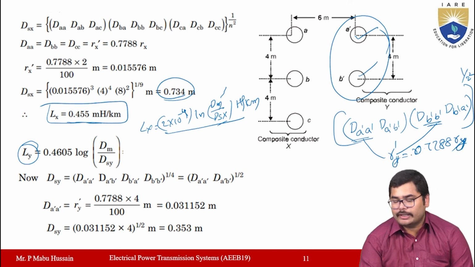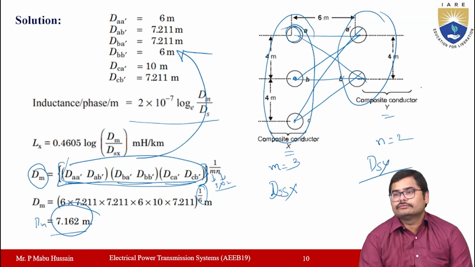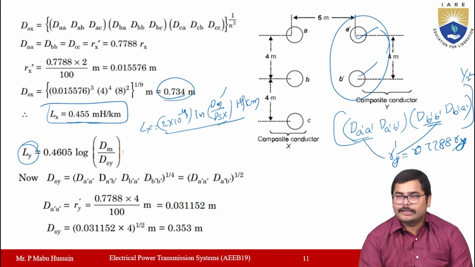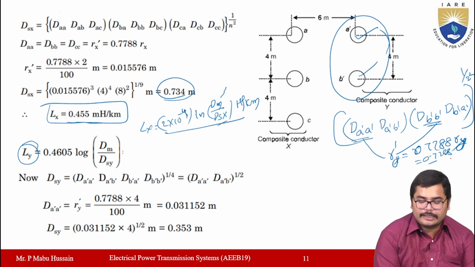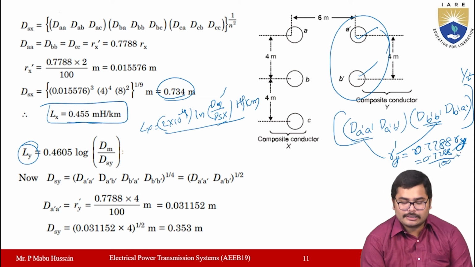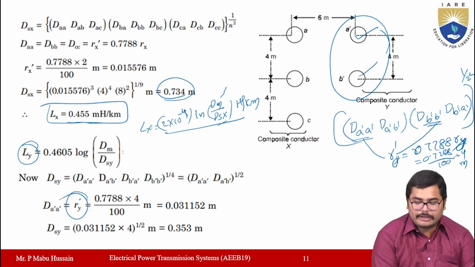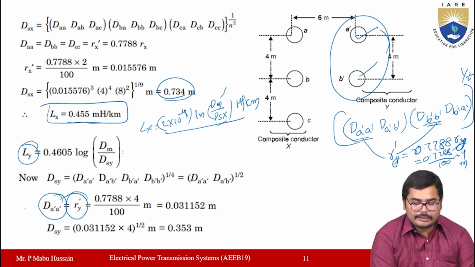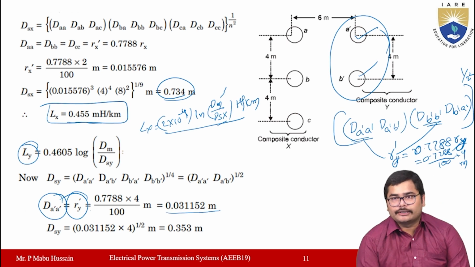So 0.7788 by 100 into 4, which you will get in meters. So Ry dash, which will be equal to D A dash, that value you are getting to be 0.031152 meters. Now if you substitute all the values in this equation, you will get the Dsy, and the Dsy is 0.353 meters.